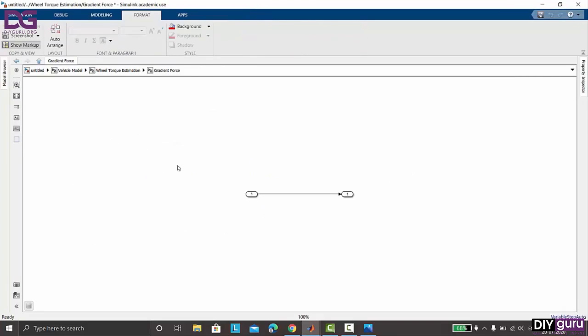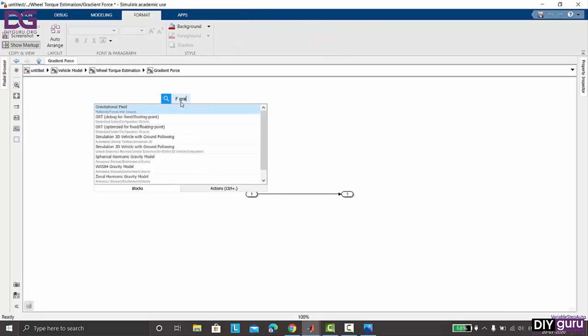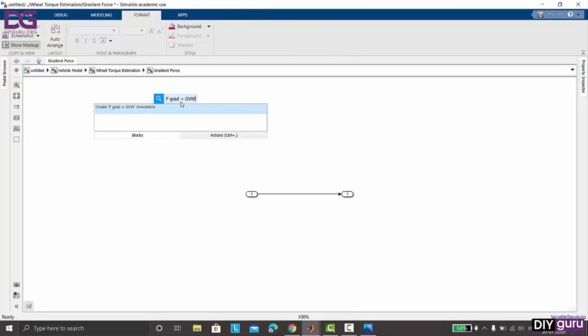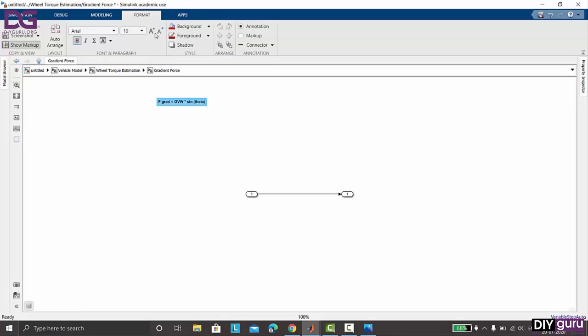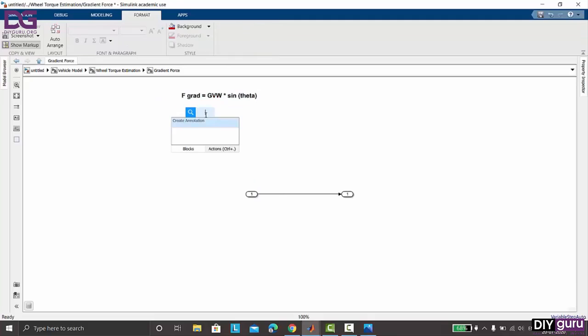Then go to gradient force. The formula for it is GVW multiplied by sine theta, where theta is in radian.